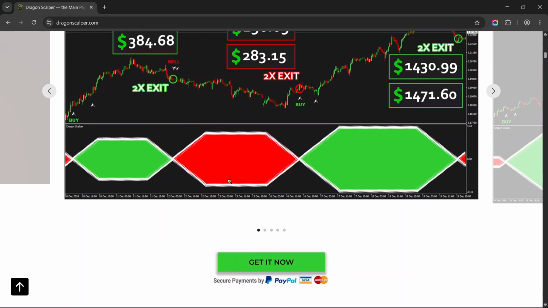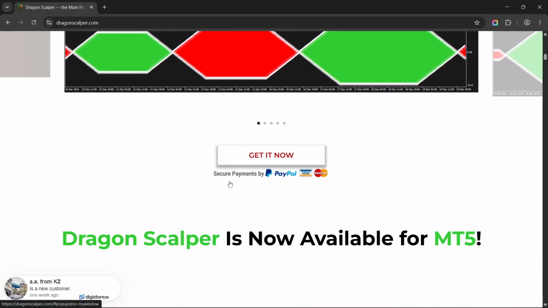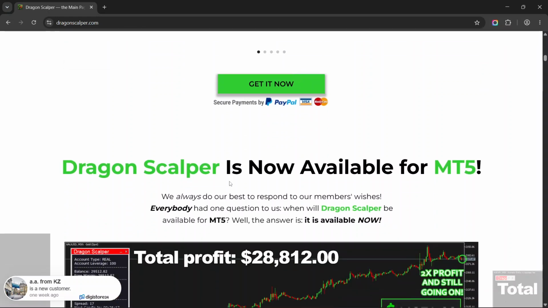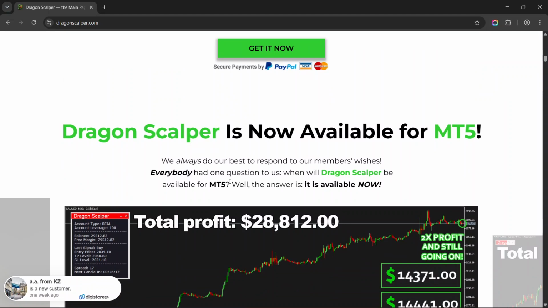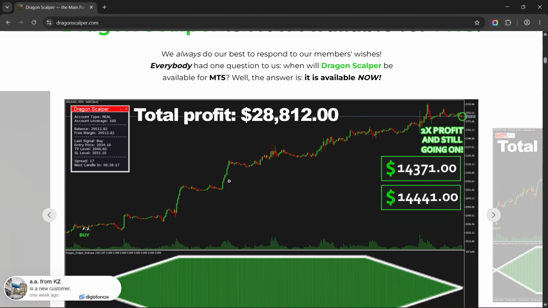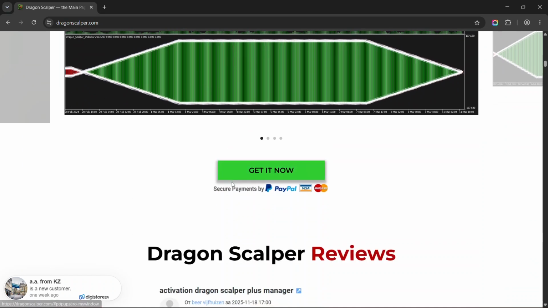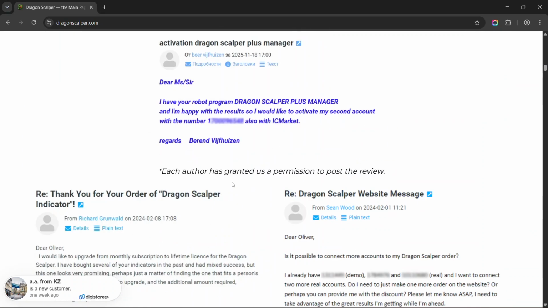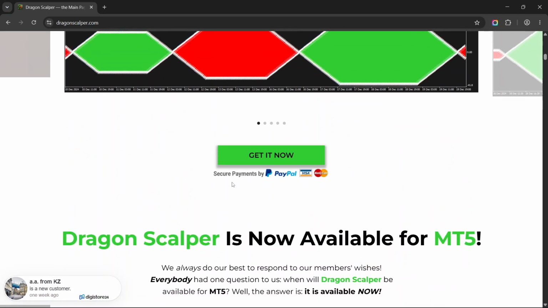From what is visible on the developer page, this isn't a pure black box robot that just runs by itself from the start. It's primarily a signal indicator with a manager panel that can turn into semi-automatic or fully automatic trading. The core claim is an advanced scalping algorithm that looks for trend direction and draws buy or sell arrows. They lean hard on the idea that trend is your friend.